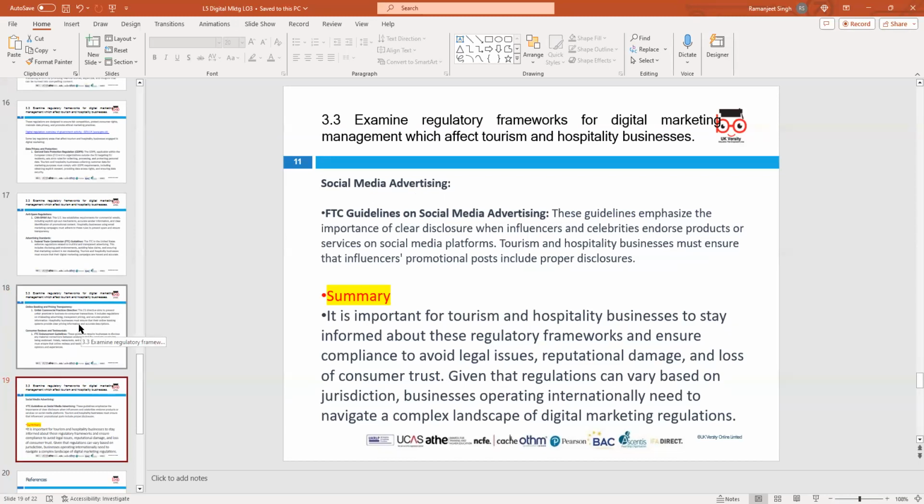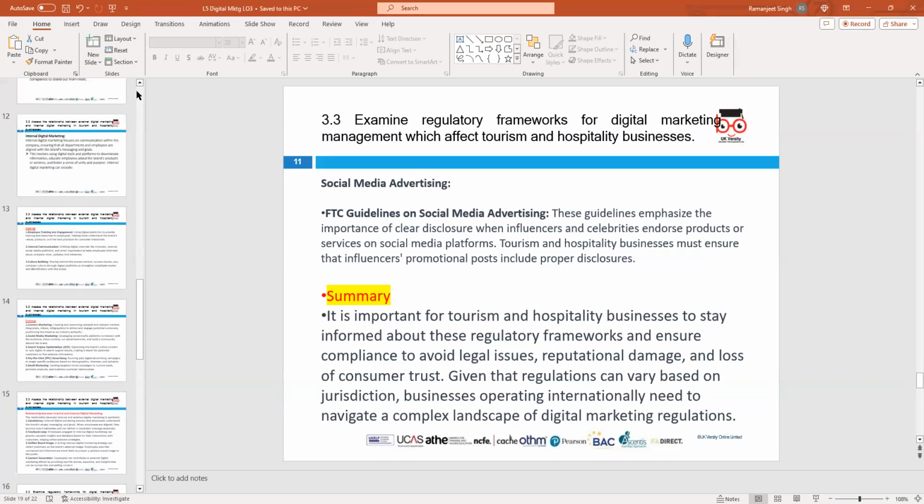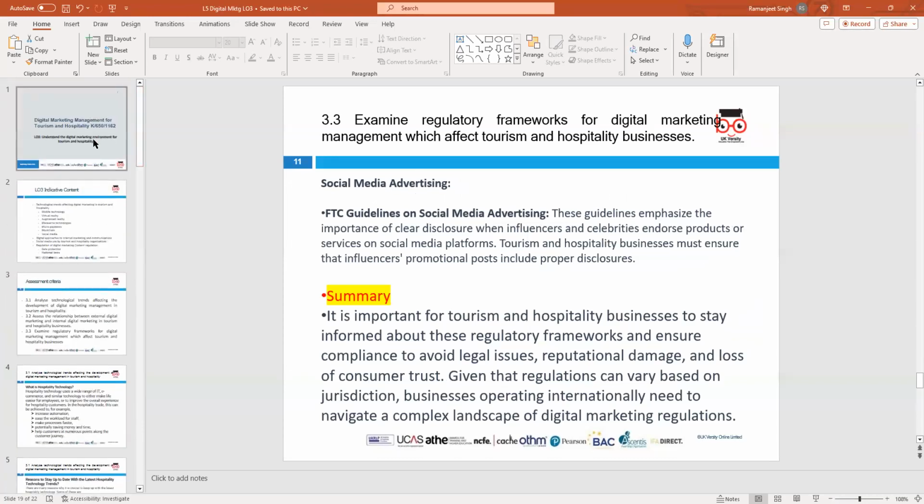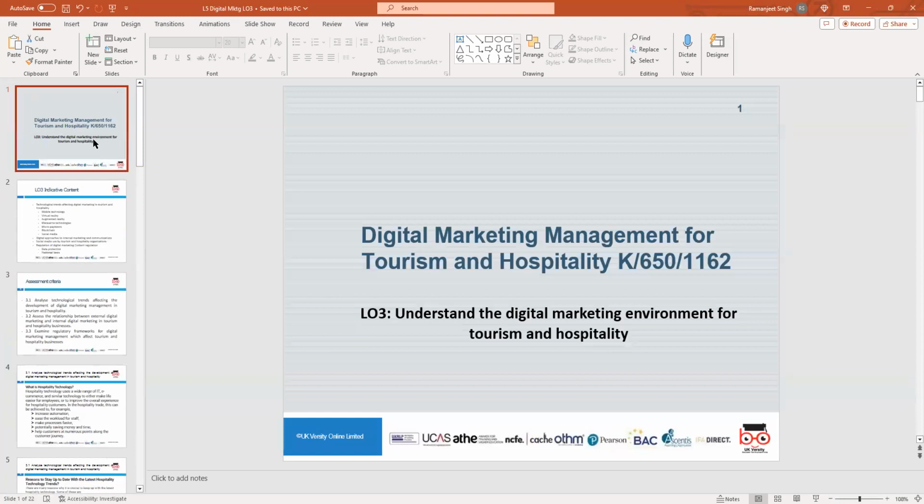Are we okay on this? So LO3 basically is to understand the digital marketing environment for tourism and hospitality. We looked at the technology, we looked at the internal and external relationship between the technology, and we looked at the laws affecting these technologies.